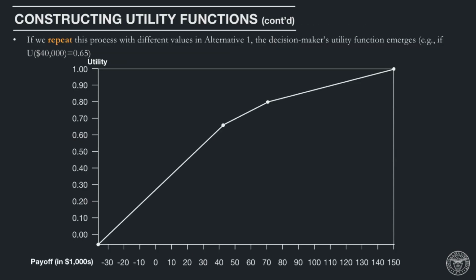If we play the game multiple times, for example, if we pick another cash value of 40,000, we can get another P value, and we can continue the game multiple times and draw a curve like this. And this curve shows us that we are risk averse if we have a curve like this.